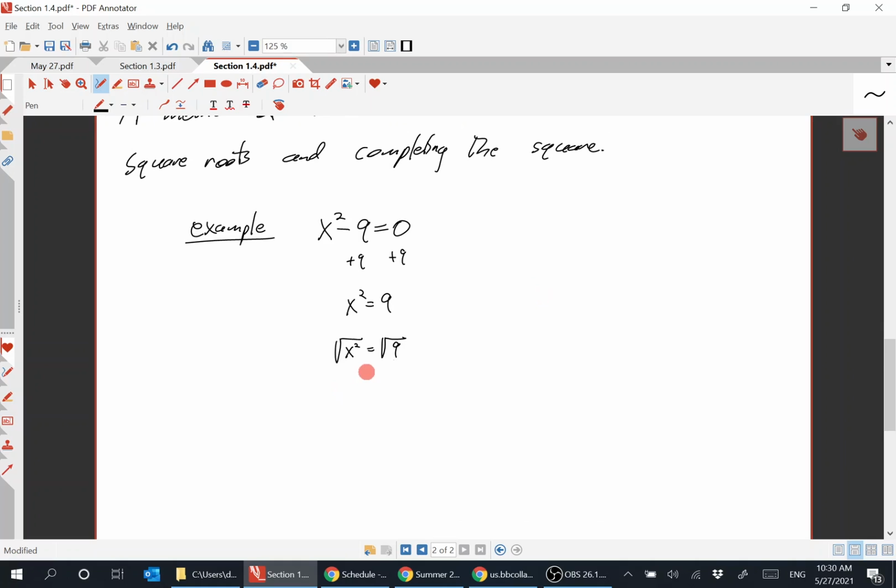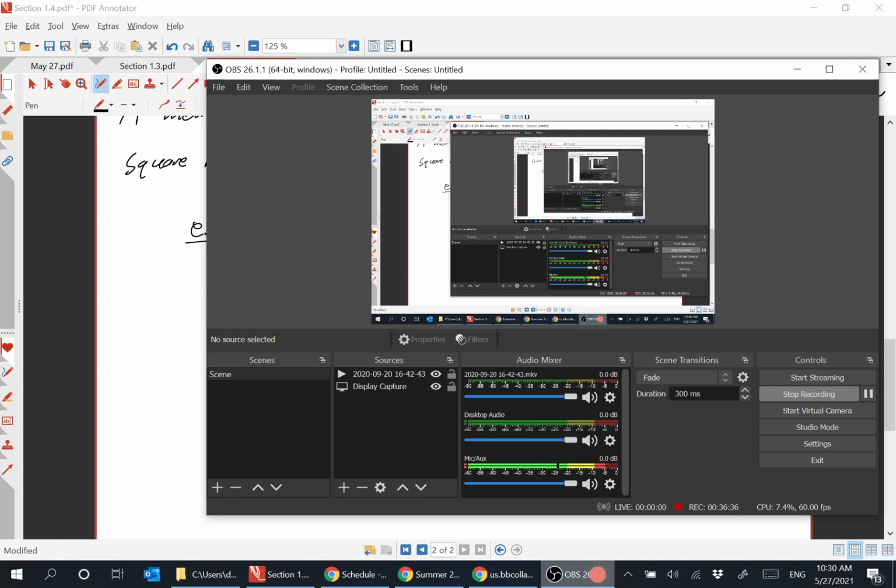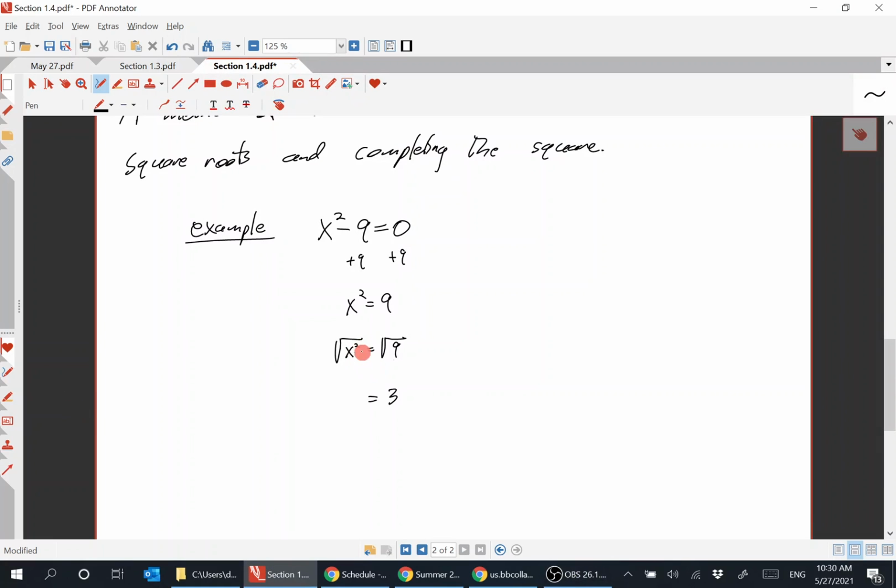Remember, the square root of a number is always positive. The square root of x squared has to be positive, but x might not be positive. So the square root of x squared is the absolute value of x.